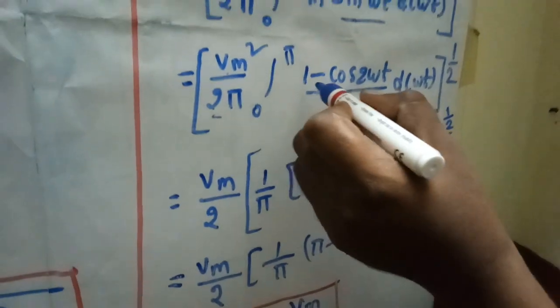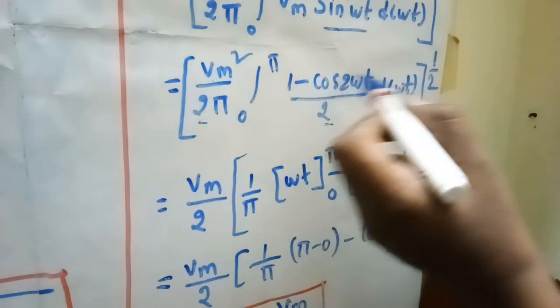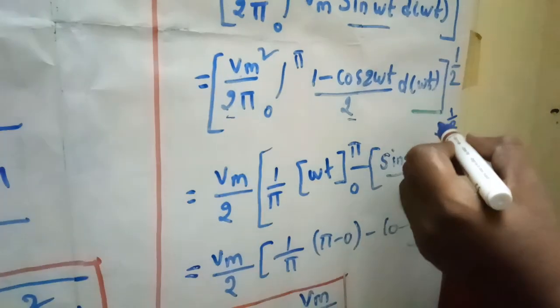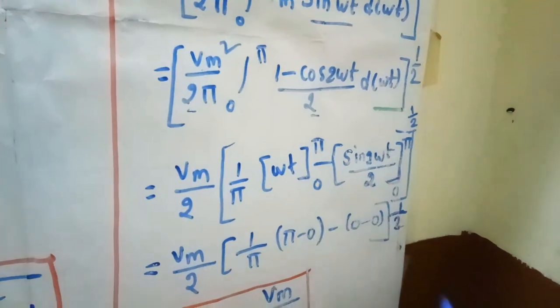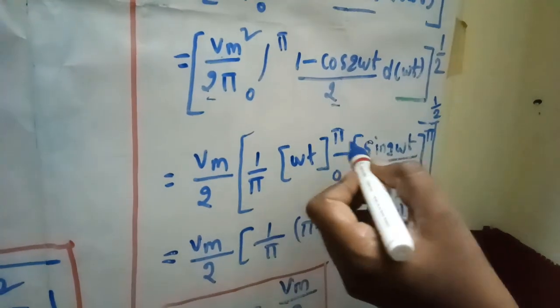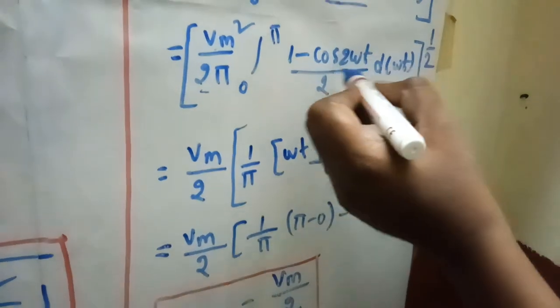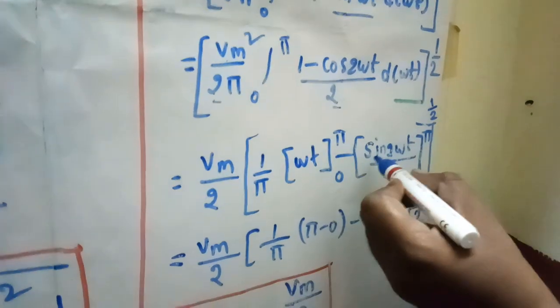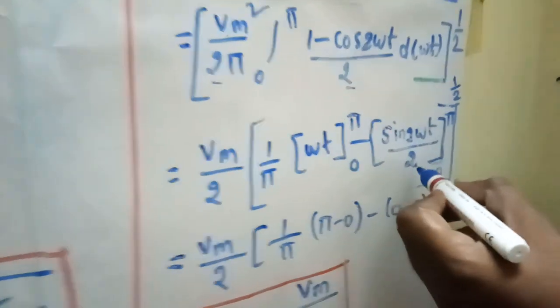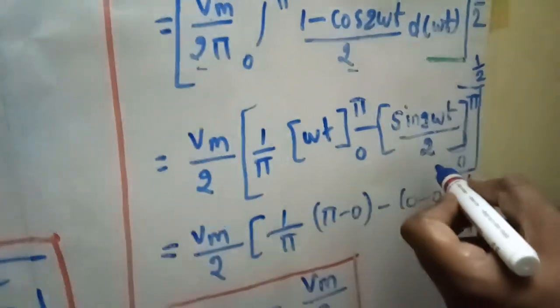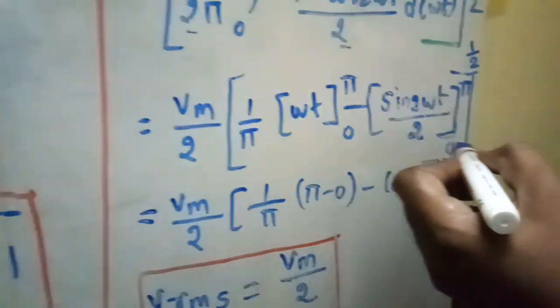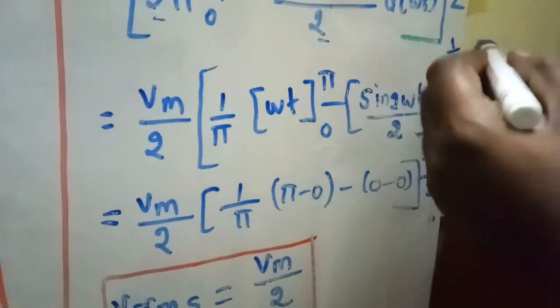So for the first term, integral of 1 d omega t is nothing but omega t. Limits are from 0 to pi. Minus, what is the integration of cos 2 omega t? Sin 2 omega t by 2, limits are 0 to pi, whole power 1 by 2.